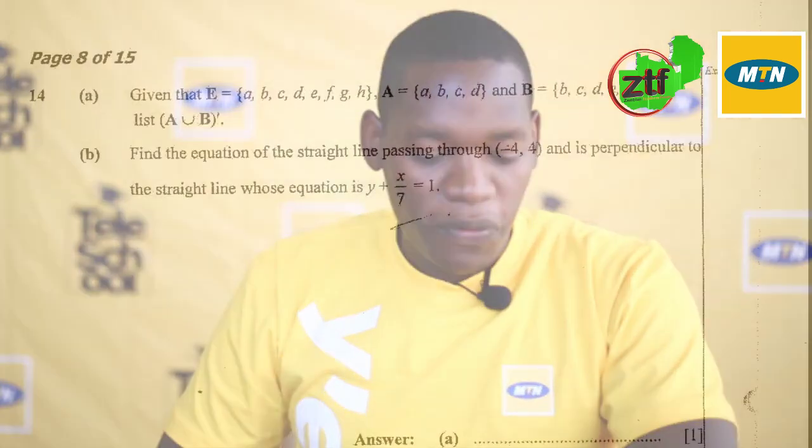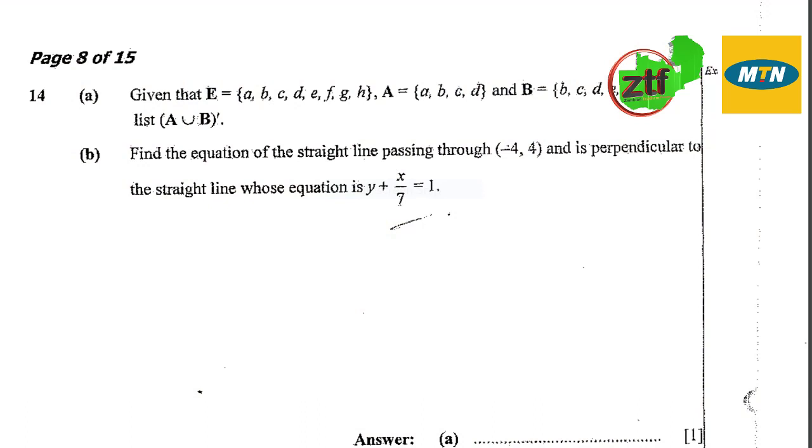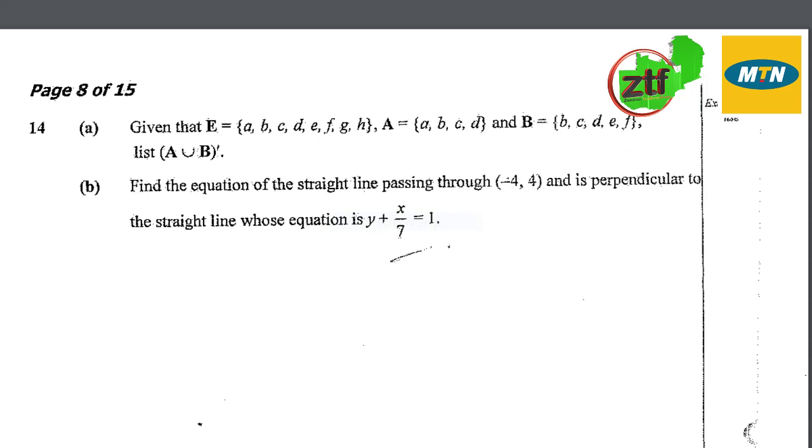Question number 14 reads: given that E, which is the universal set, is equal to A, B, C, D, E, F, G, and H, set A is A, B, C, D, and set B is B, C, D, E, F. List (A union B) complement.